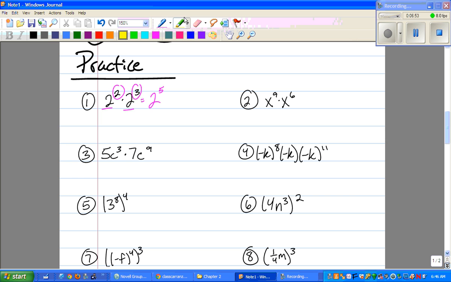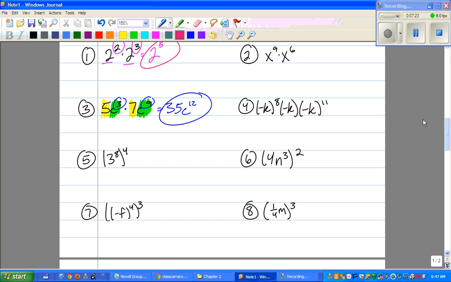Now, for number 3, you have to remember that the rules of the exponents apply only to things with the same bases. Okay? Now, you can multiply the 5 times 7. That's going to get you 35. However, the exponents, that's what our new rules are for.